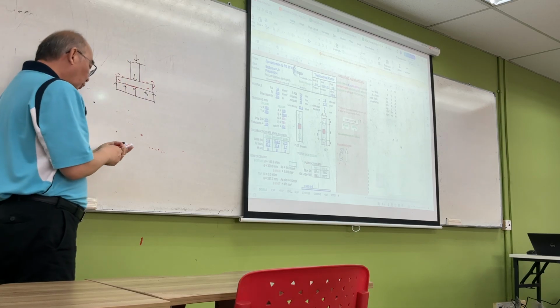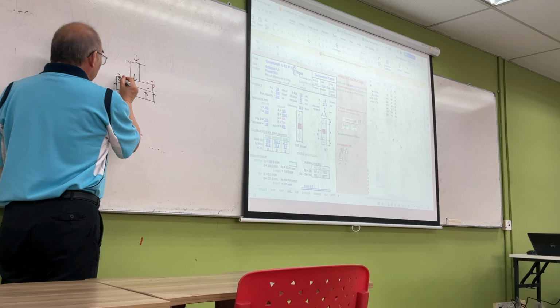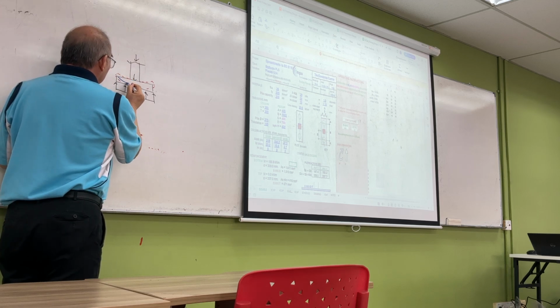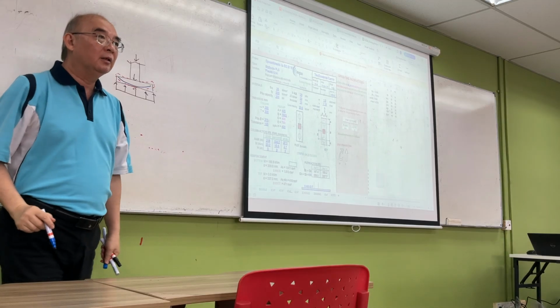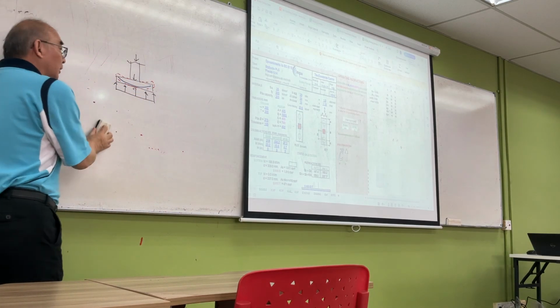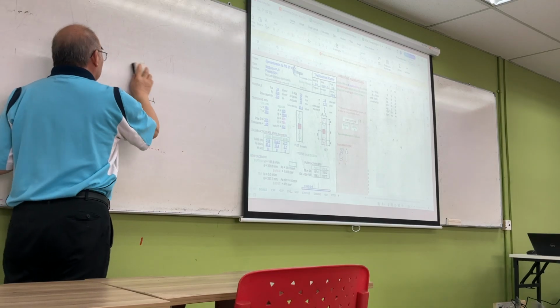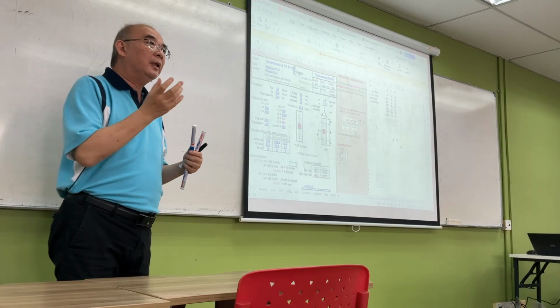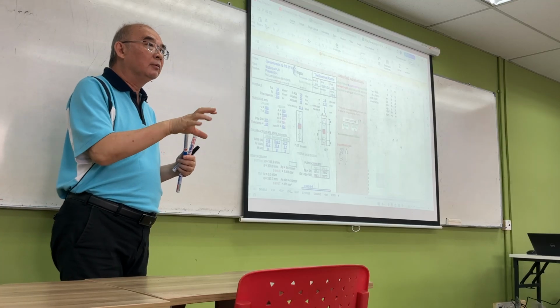Then your reinforcement, of course, tension reinforcement would be at the bottom, right? Would be at the bottom. Okay. All right. Now this is the simplest. Okay. When I say simplest, it is because it only has vertical loading, but sometimes the loading can carry moment.